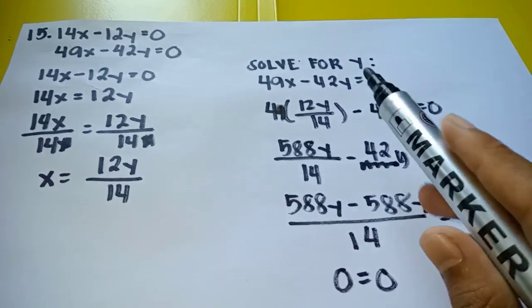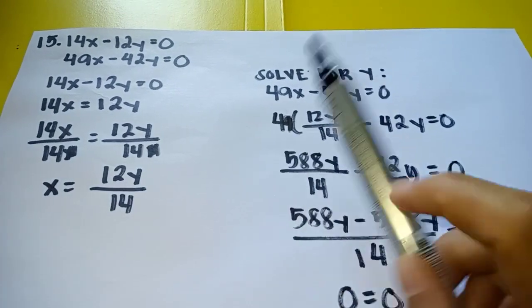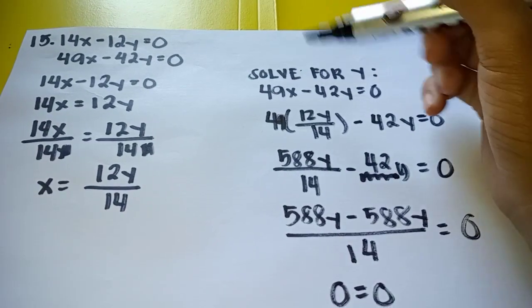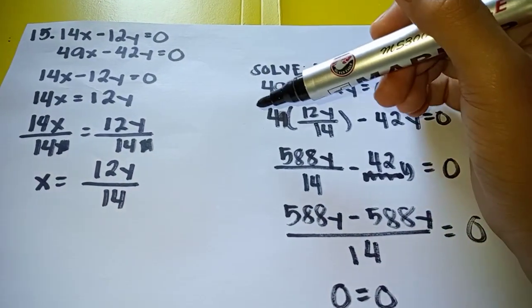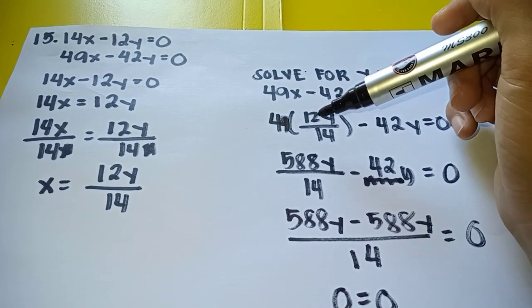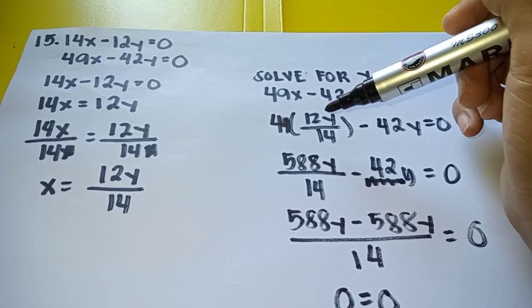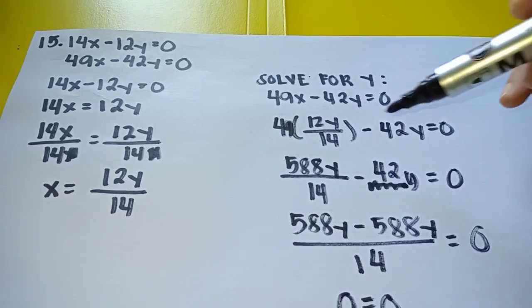And then next we will solve for y. We will use equation number 2, 49x minus 42y equals 0. So we will copy 49 and we will substitute 12y over 14 for the variable x. Minus 42y equals 0.